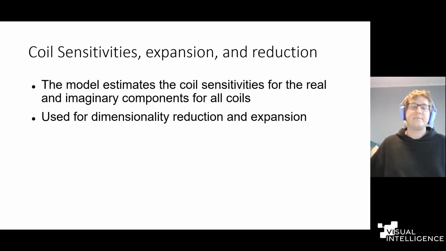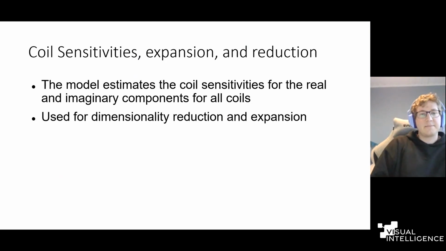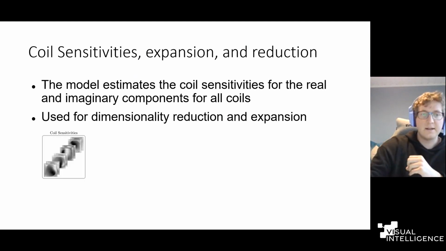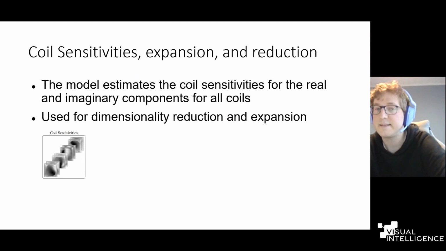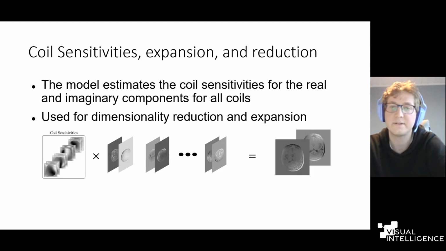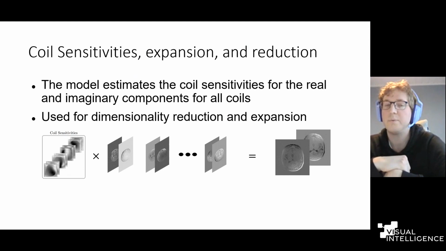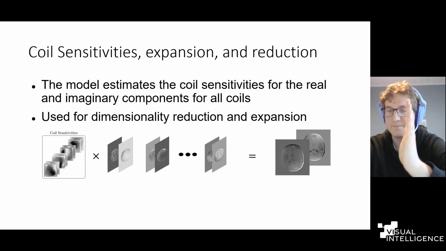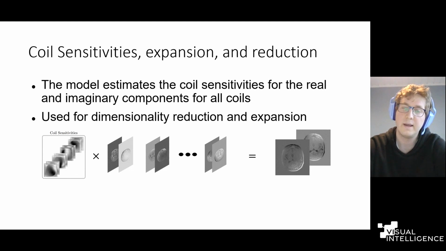So first, the coil sensitivity estimation. The model estimates the coil sensitivities for the real and imaginary components for every single input coil. So for every coil on the scanner, it gives the sensitivity estimations. And as I said, they're used first for dimensionality reduction, where you simply multiply them with every single coil image, and then you sum them up together, and you end up with a single complex coil image.